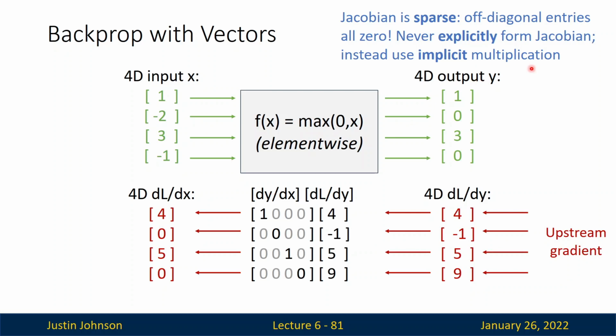In their implementation, of course you can imagine, if they know this is a ReLU function, they won't compute the Jacobian matrix.